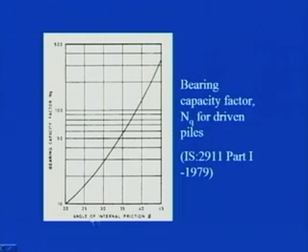You can see here that this is the angle of internal friction and this is the bearing capacity factor NQ, and then this curve has been drawn. So, depending on the value of angle of internal friction, which you will be knowing as it is a property of the soil which is surrounding the pile, let us say that you have angle of internal friction value equal to 30 degree.